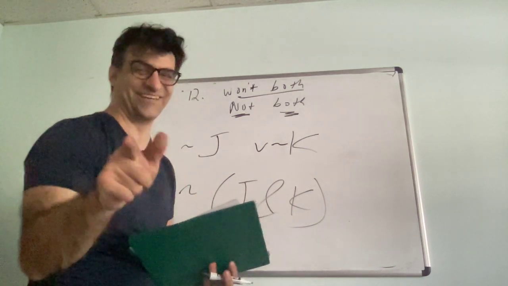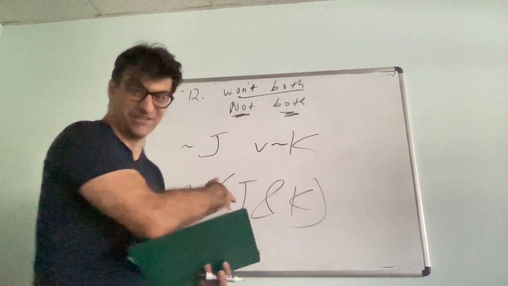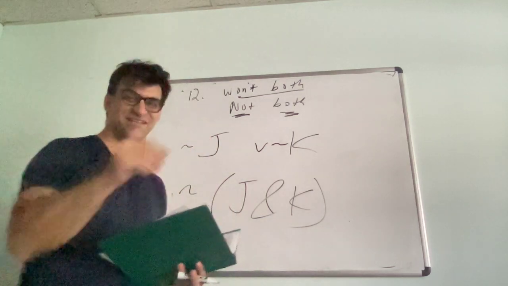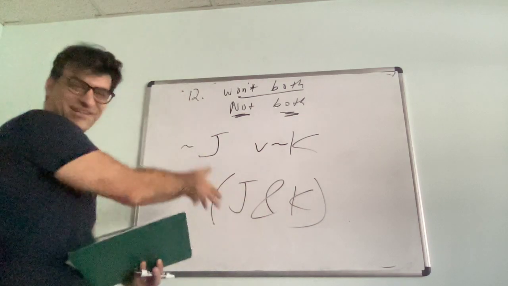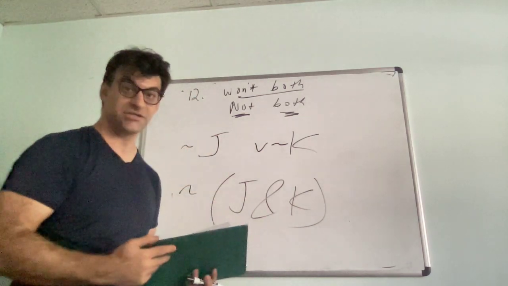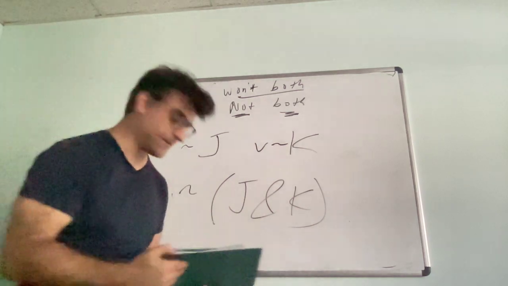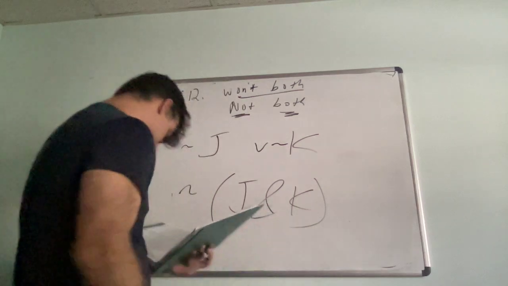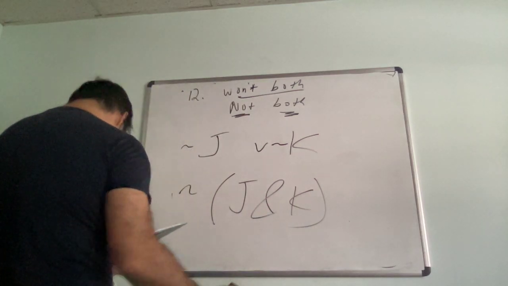I was just saying not both for emphasis. Anyway, you could write either. Each of these represents the truth conditions of J and K won't both be at graduation.